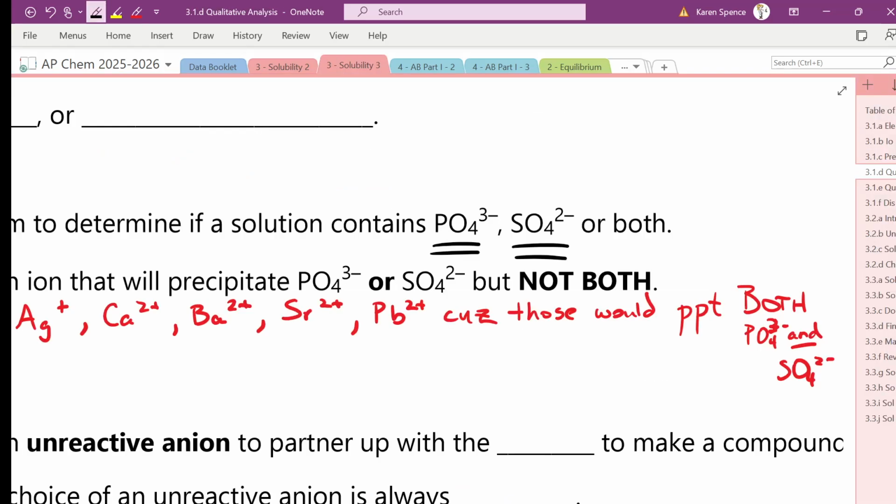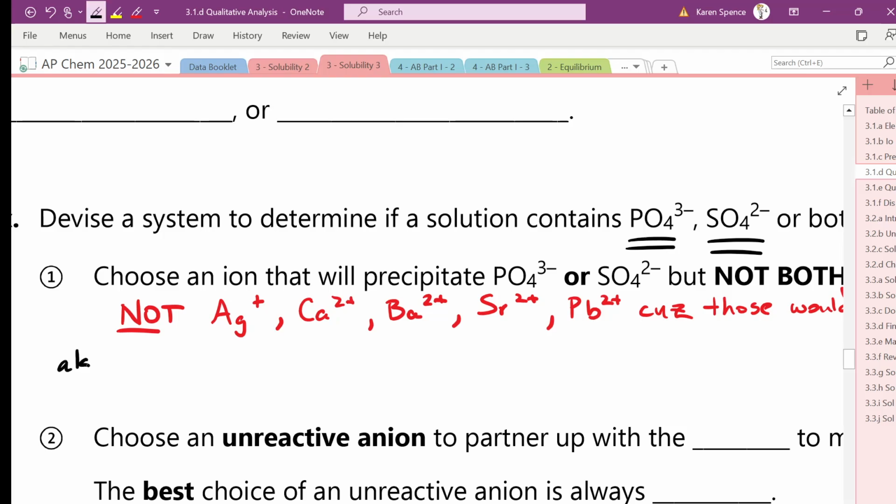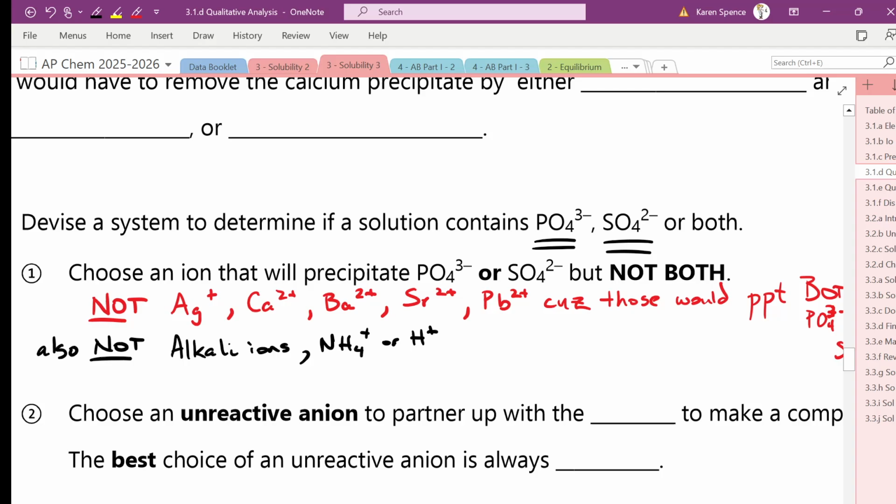So also not alkali ions, NH4+ or H+, because they would not precipitate either ion. So who could we choose? Aluminum.